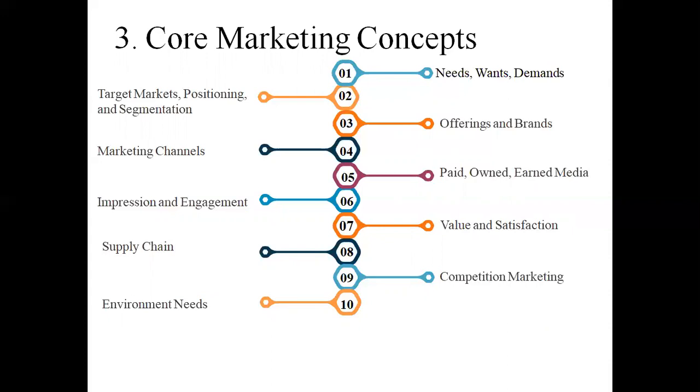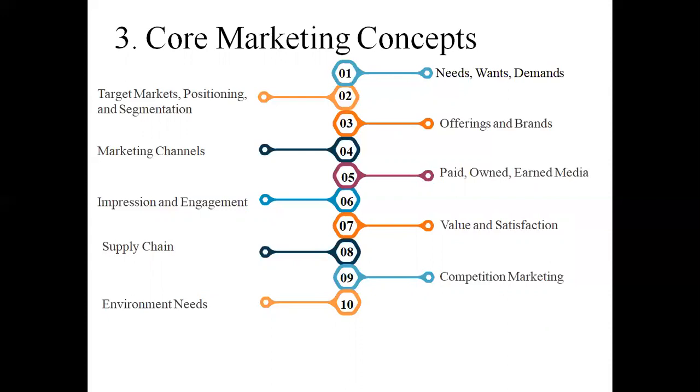Next we discussed target market, positioning and segmentation. Segmentation is all about dividing the market into homogeneous groups, then finding out the attractiveness of each group and targeting one segment for our business.